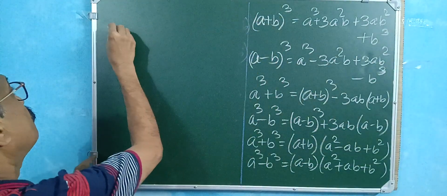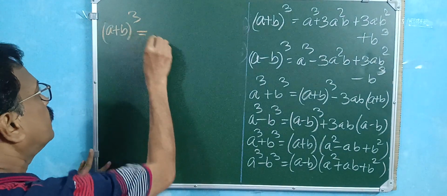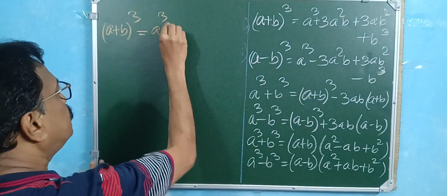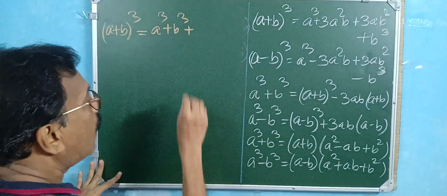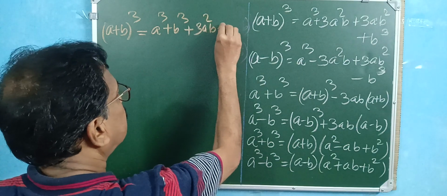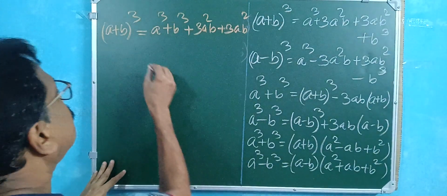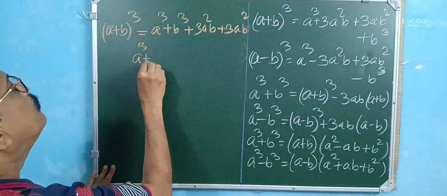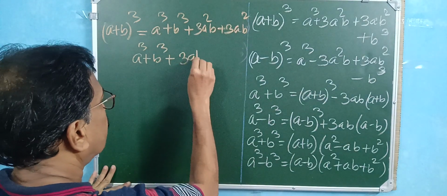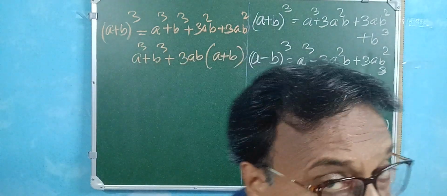Suppose you write it this way: a cube plus b cube plus 3a square b plus 3ab square. In the next stage, a cube plus b cube plus 3ab is common, so one formula is developed here.